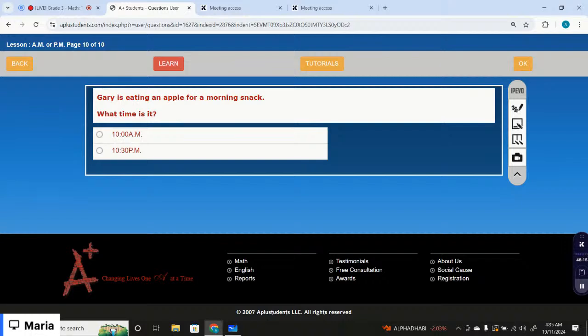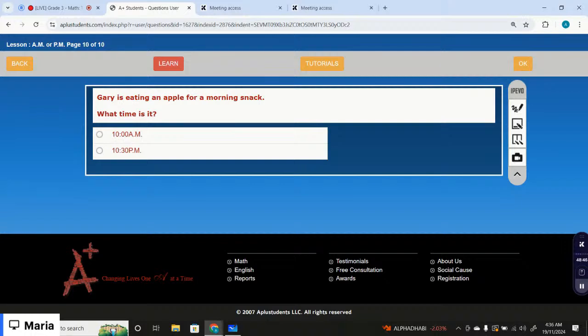Gary is eating an apple for a morning snack. What time is it? Which is the correct option? The correct option is, morning snack it is.